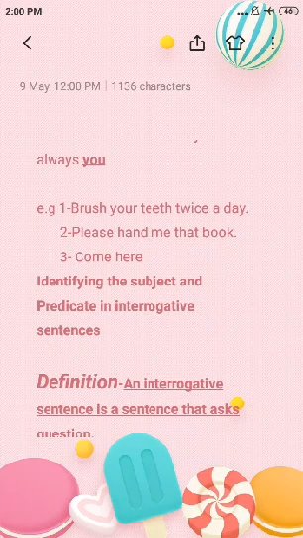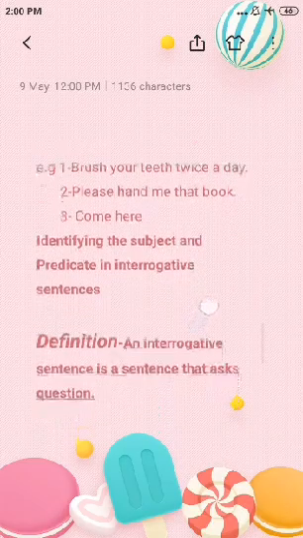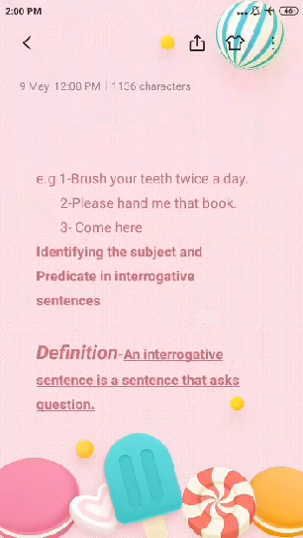Let's find out how. As you can see, the first example, brush your teeth twice a day. Children, it's an advice. Though I am saying brush your teeth twice a day, but to whom am I saying this? I am saying this to you. But we don't have you here which is shown.